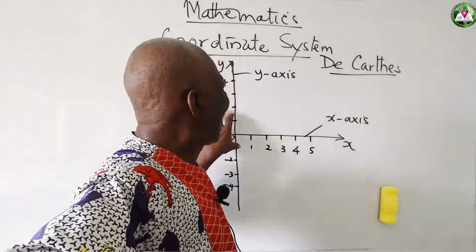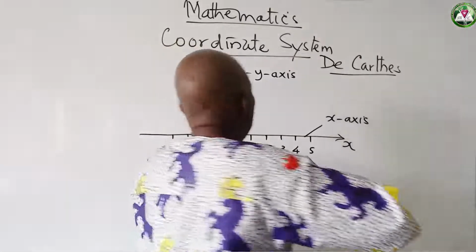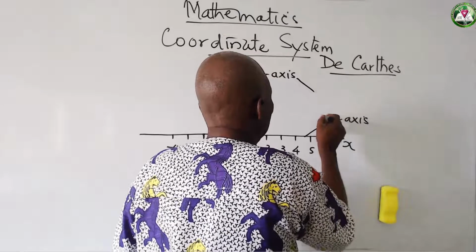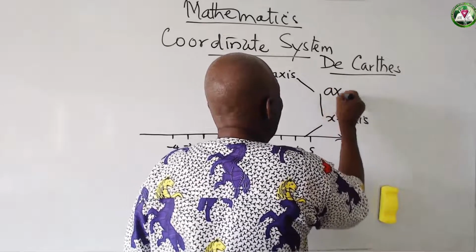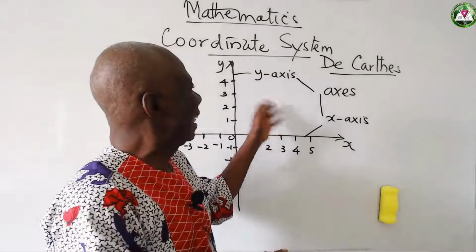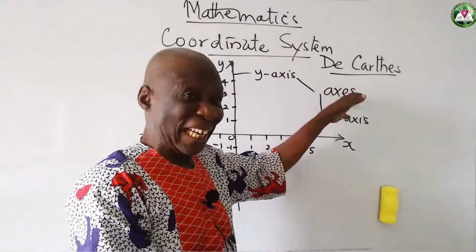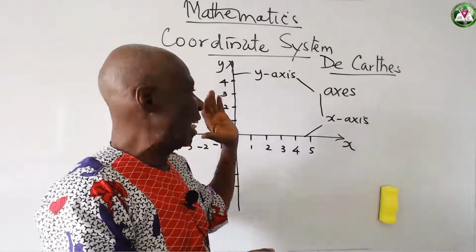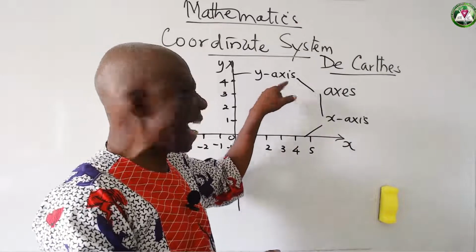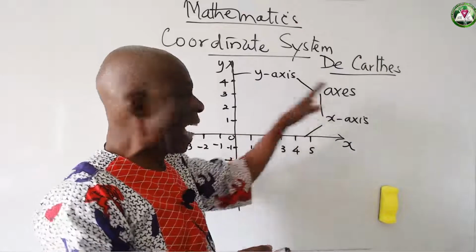And this type of axis, put the two of them together, axis plus axis, so that will give us axes, plural. So we can now refer to it as x and y axes. Singularly, x axis, y axis.